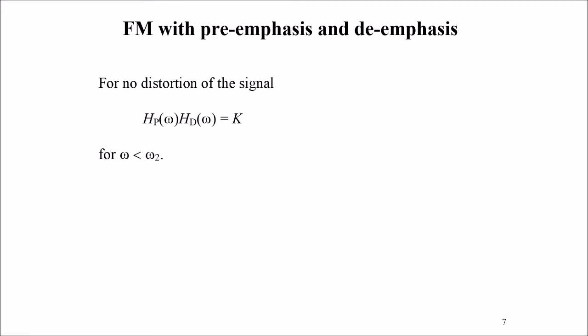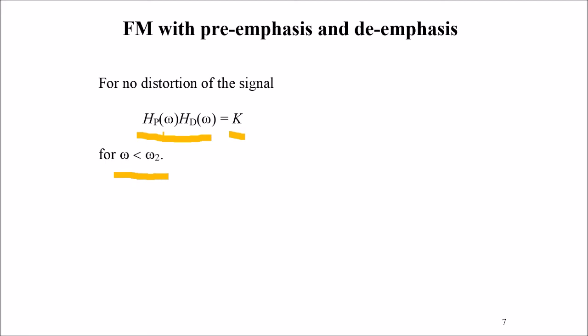So for no distortion in the signal, the product of the pre-emphasis filter transfer function times the de-emphasis filter transfer function is a constant k for frequencies less than the upper corner frequency.